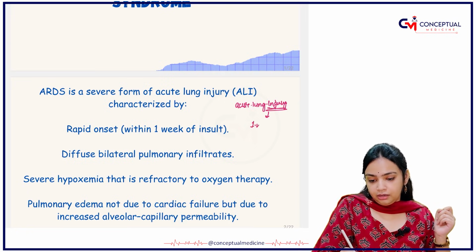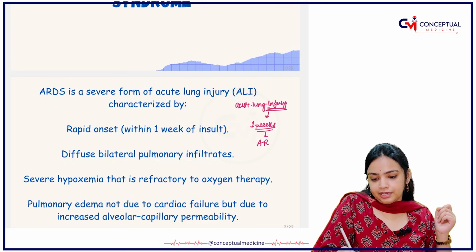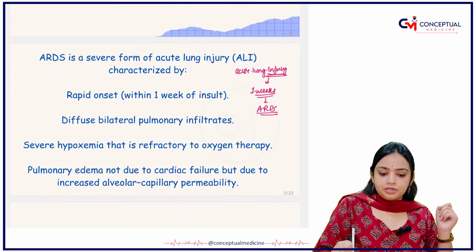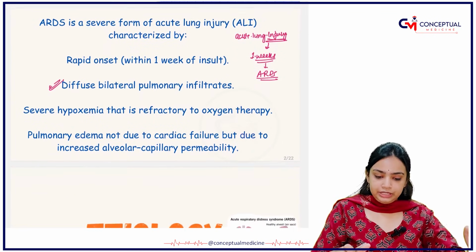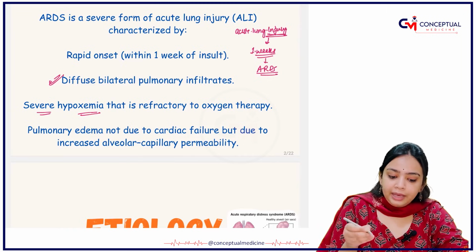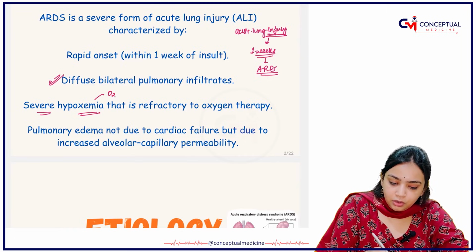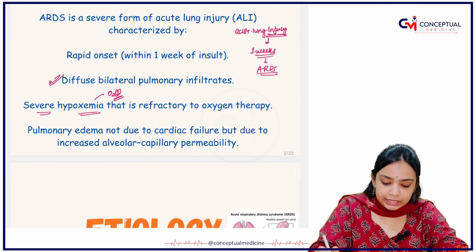After 1 week, this ARDS basically develops. There will be diffuse bilateral pulmonary infiltrates. Next, there will be severe hypoxemia, that is, the oxygen requirement will be increased.